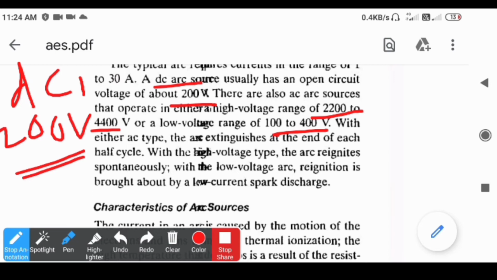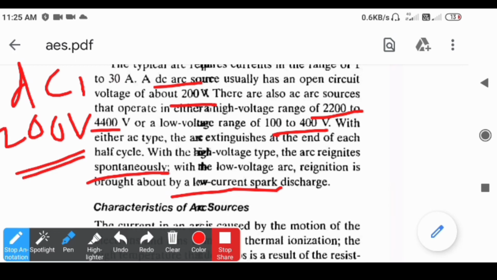But with the high voltage type the arc is generated spontaneously, and with the low voltage type the reignition is brought about by a low current spark discharge. So there are two ways: one by using a DC source, another by using an AC source. For a DC source we generally require 200 volt, and for AC there are two ways, one is the high voltage mode and the other is the low voltage mode.